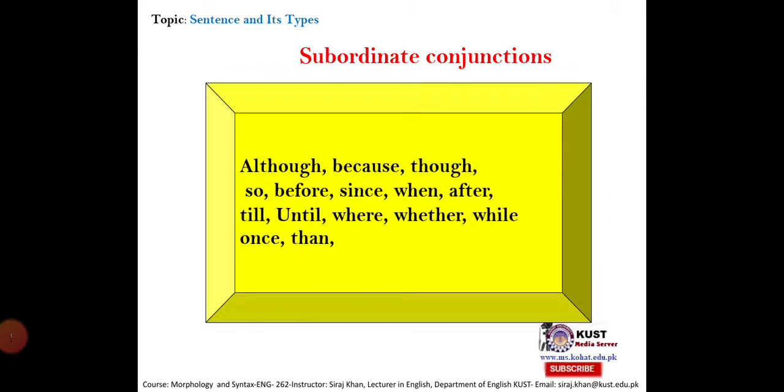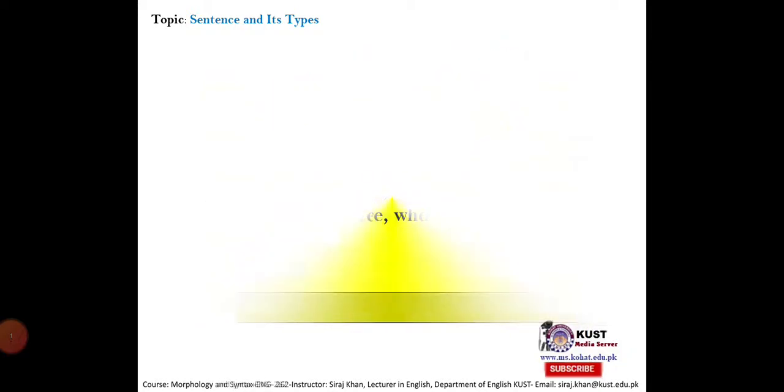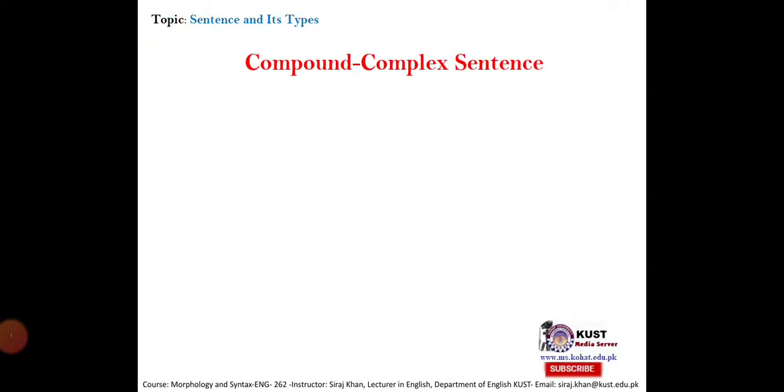These are some of the subordinating conjunctions that can be used to give us dependent clauses: although, because, though, so, before, since, when, after, till, until, where, whether, while, once, then are subordinating conjunctions.